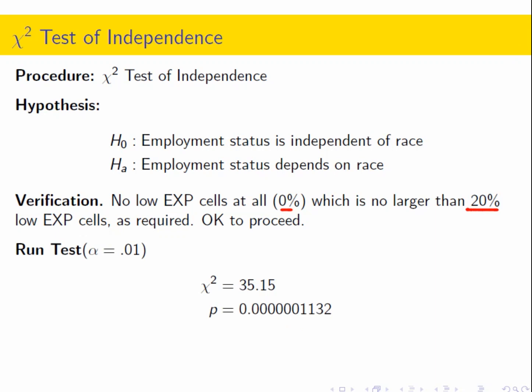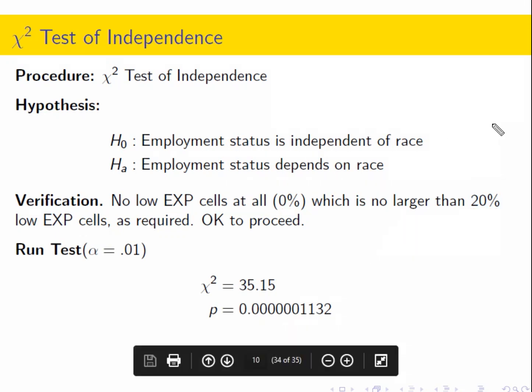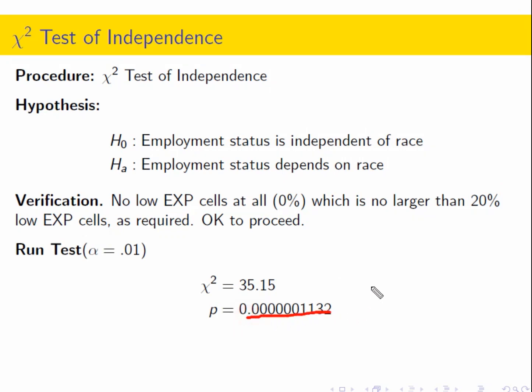So when we run the test, we get a chi-squared statistic of 35.15 and a very small p-value. I think there are 6 zeros between the decimal point and the first significant digit, so 1.1 times 10 to the negative 7.